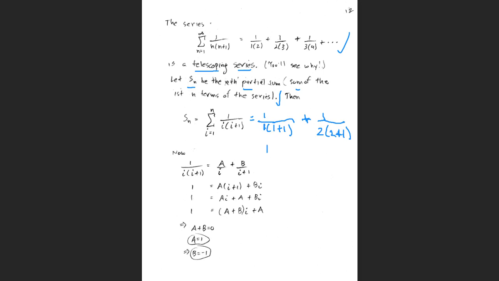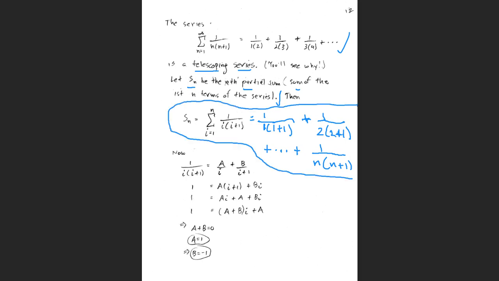And then we kept adding terms and stopped our sum at the nth term, where the nth term is 1 over n times n plus 1. That's called an nth partial sum because it's the sum of the first n terms of the series.